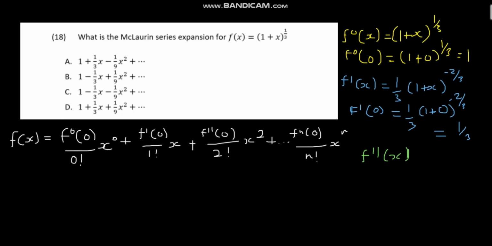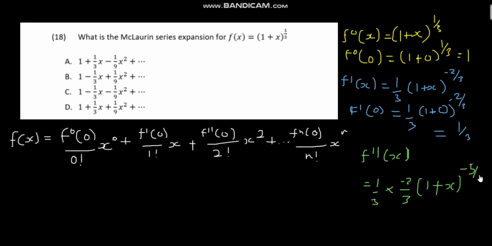So the second derivative will be 1 over 3 times minus 2 over 3, multiplying 1 plus x to the power minus 2 over 3 minus 1, so that will be to the power minus 5 over 3.